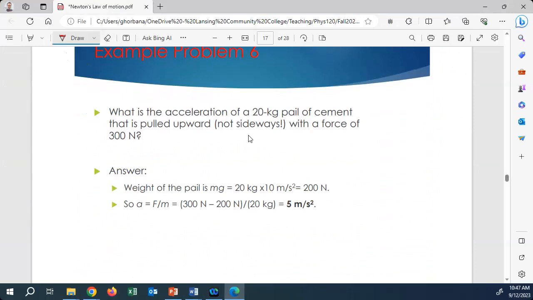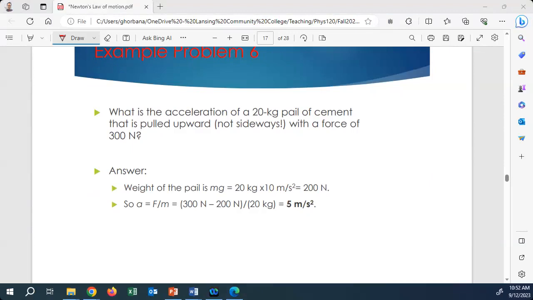Draw the situation and use Newton's first law, second law if it is needed, Newton's third law, and then there are many problems in the practice book and also in the homework.